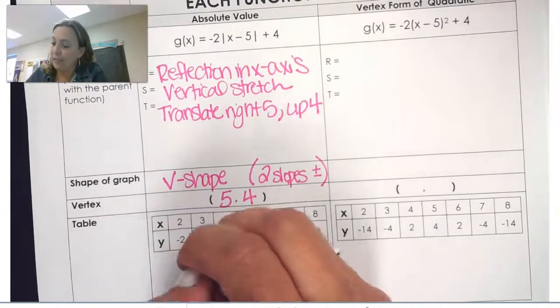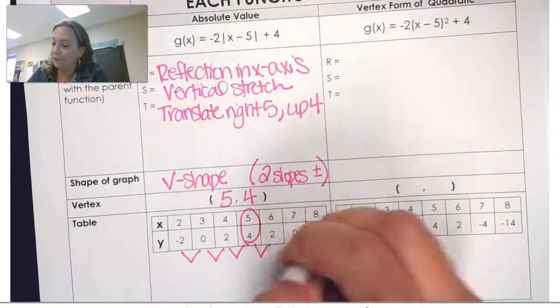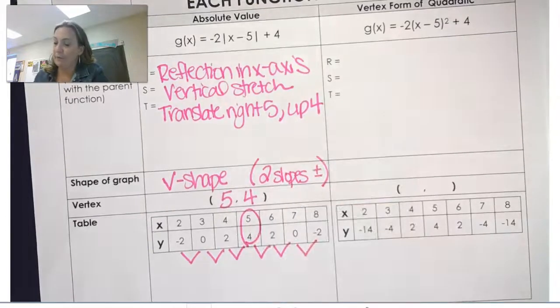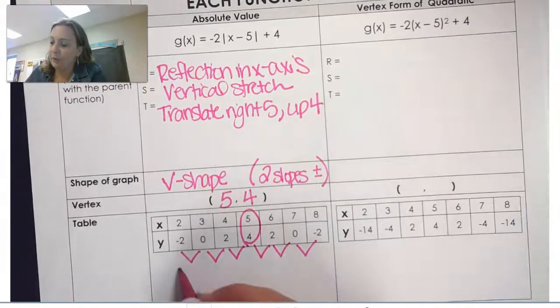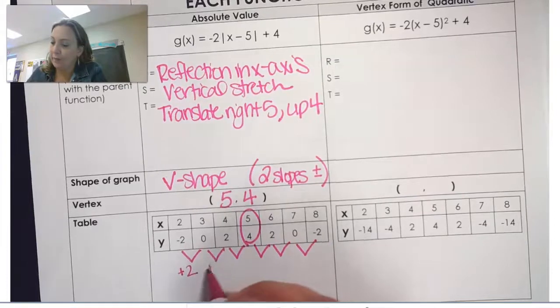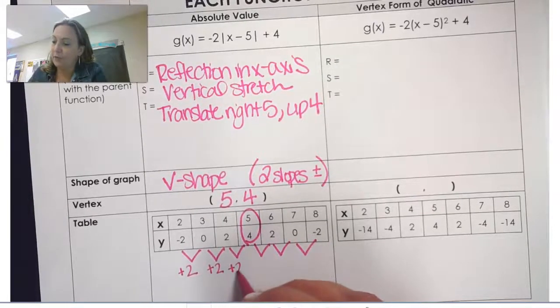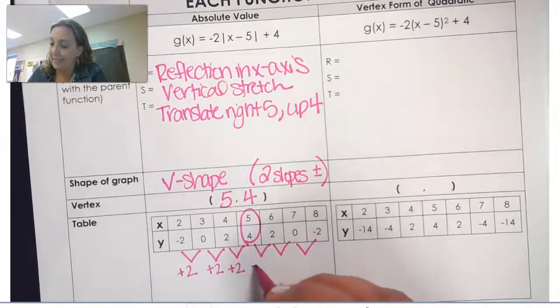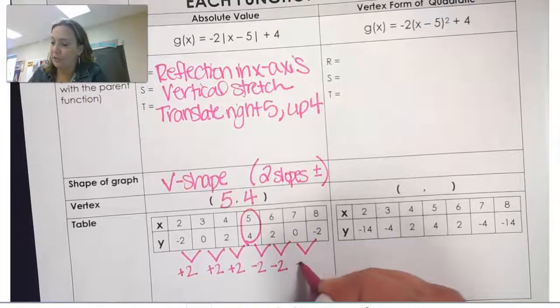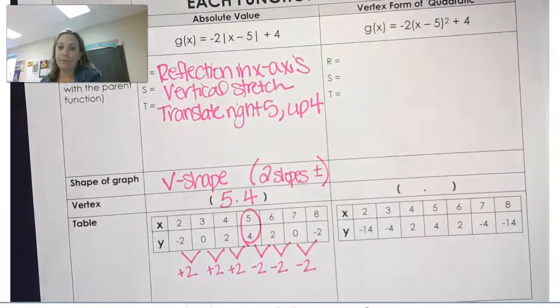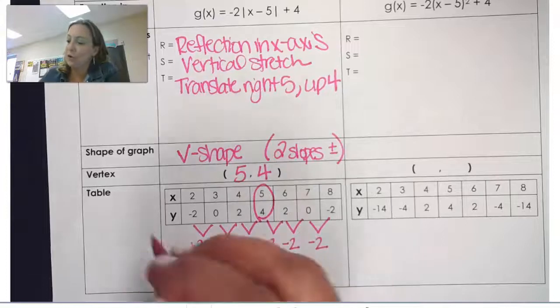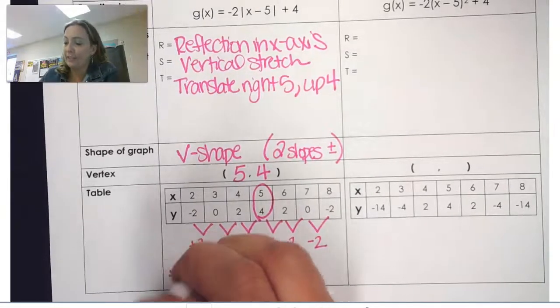And if I look at how the y values change within my table, here I'm going up 2, up 2, up 2, down 2, down 2, down 2. Again, what those are called are first differences.